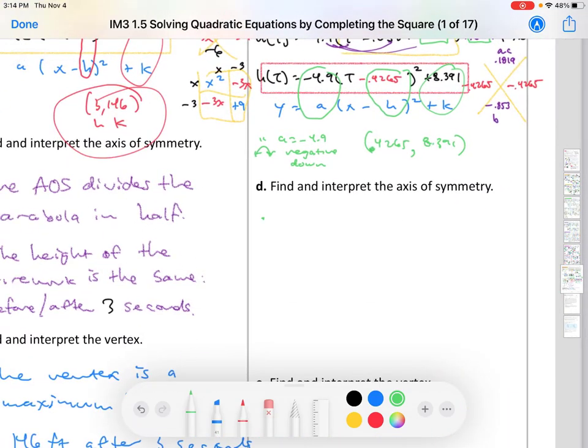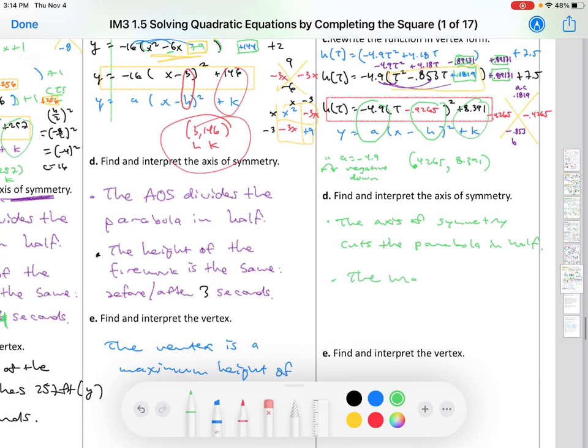So the axis of symmetry cuts the parabola in half.